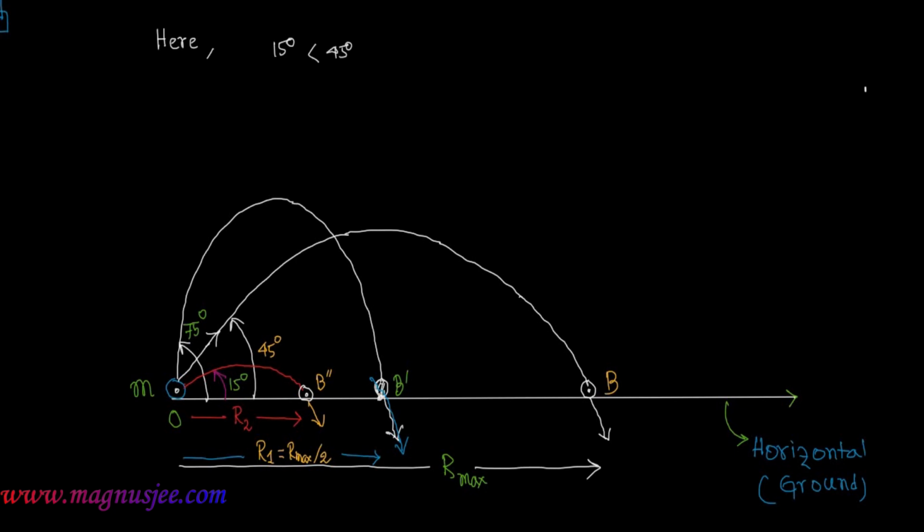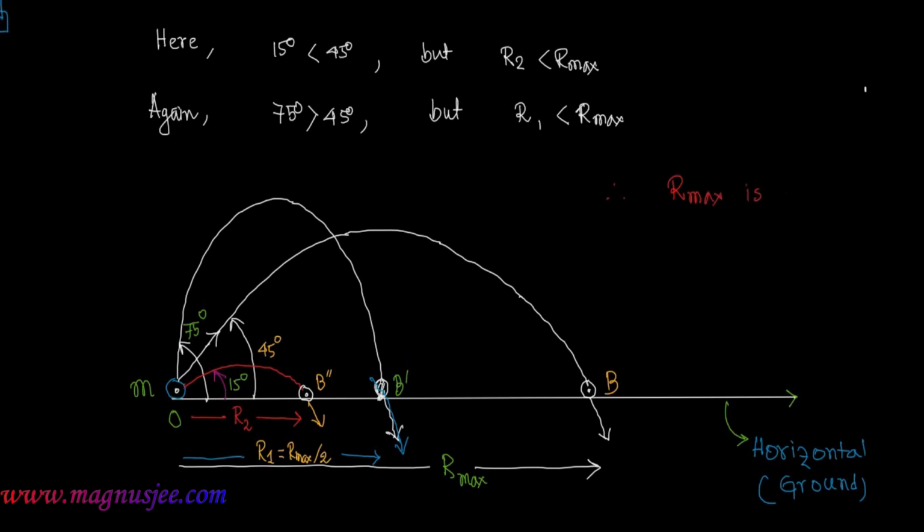Now, 15 degree is less than 45 degree, but R2 is less than R max. Again, 75 degree is greater than 45 degree, but R1 is less than R max. That means R max is the maximum horizontal range when it is thrown at an angle 45 degree with the ground.